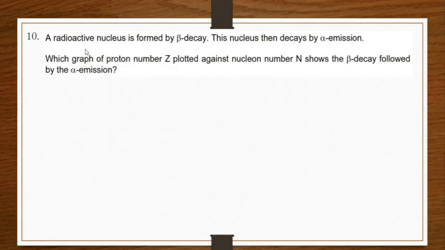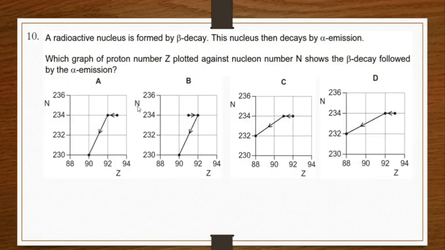Number 10, a radioactive nucleus is formed by beta decay. This nucleus then decays by alpha emission. Which graph of proton number Z on the x-axis plotted against nuclear number N on the y-axis shows the beta decay followed by the alpha emission? So we know that proton number Z and nuclear number N will be conserved.